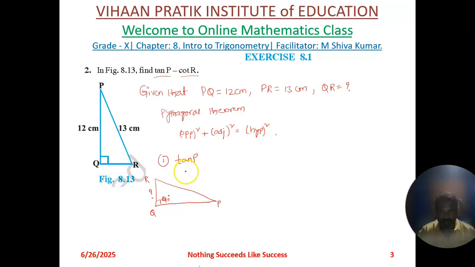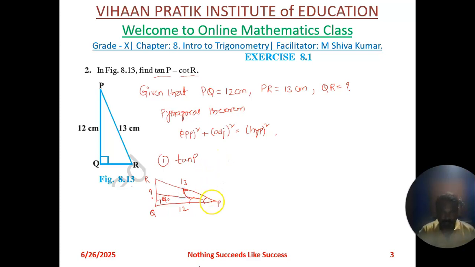We know the value of PR, which is 13 centimeters, and the value of PQ, which is 12 centimeters. With respect to angle P, this will be the opposite side, this will be the adjacent side, this will be the hypotenuse.